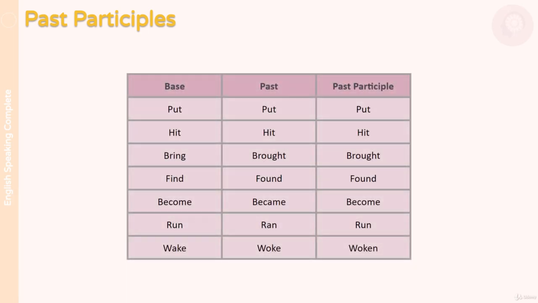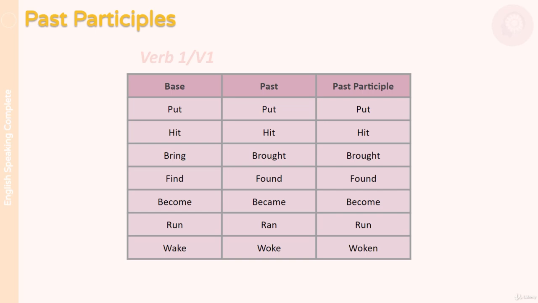Okay, so past participles. I mentioned this in our first lesson on verbs. Past participles are really important in all perfect tenses. So you may have seen this before with me. I've talked about base forms of the verb, past forms of the verb, and the past participles.